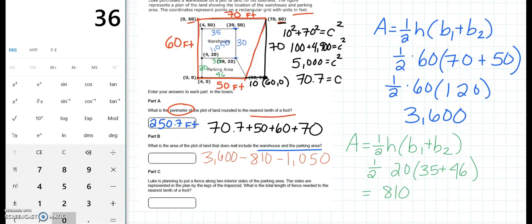So 3,600 minus 810 minus 1,050. So our area of just the land is going to be 1,740 feet squared.